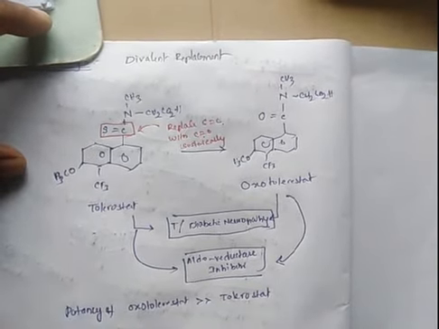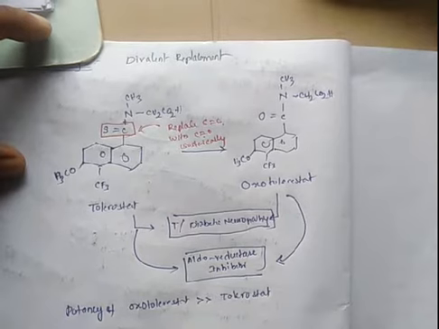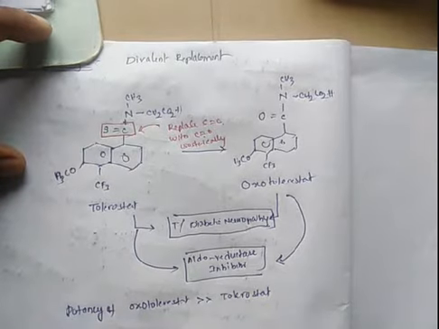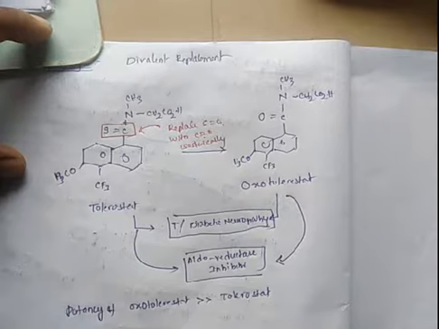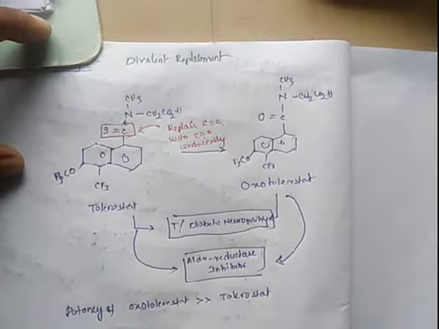So like this, in order to increase the lipophilicity, or the potency, or to diminish the toxic effect of the drug molecule, this bioisosteric replacement is a very helpful technique. It's a very helpful strategy to improve the desired properties of the drug molecule.